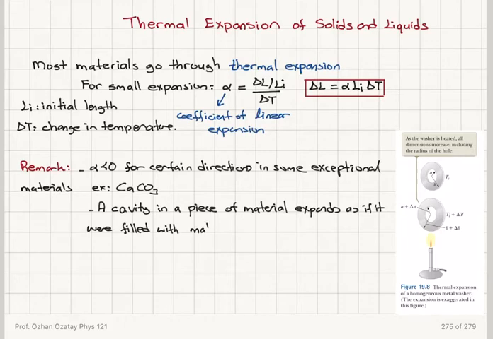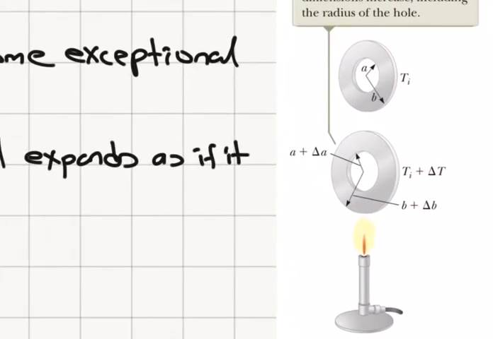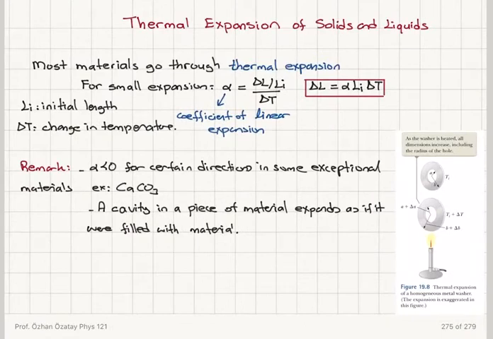So you can find that the radius of this annulus will increase by the same amount given by this formula. Alpha A delta T will be delta A.